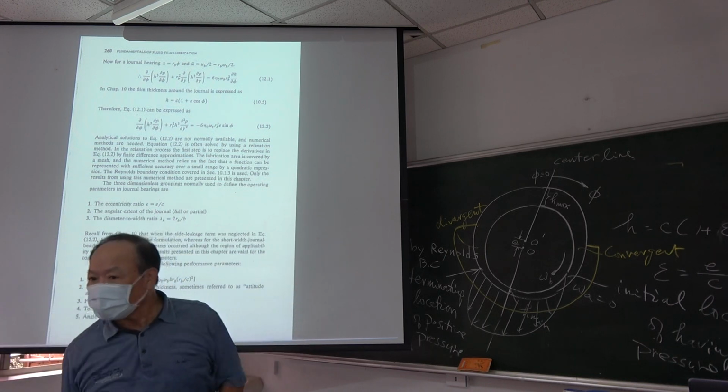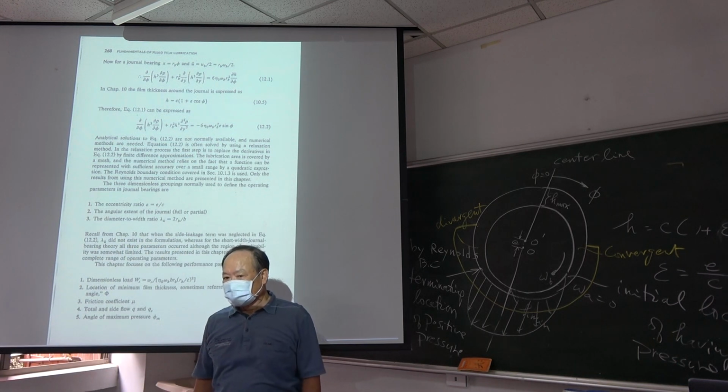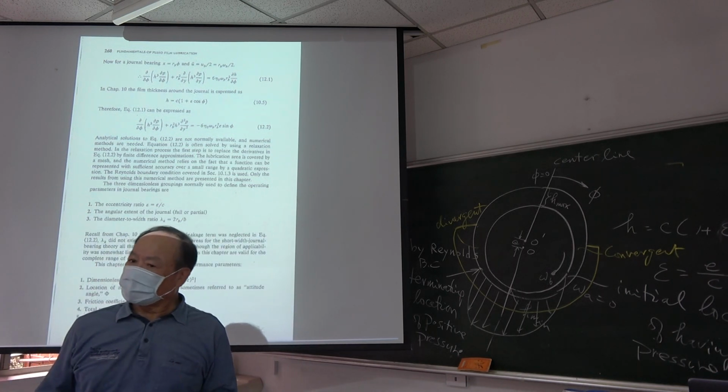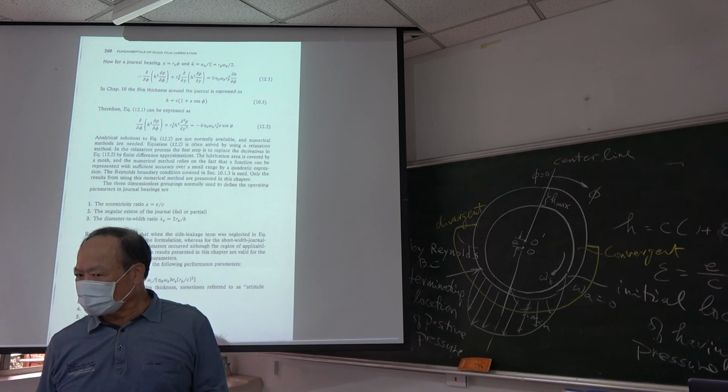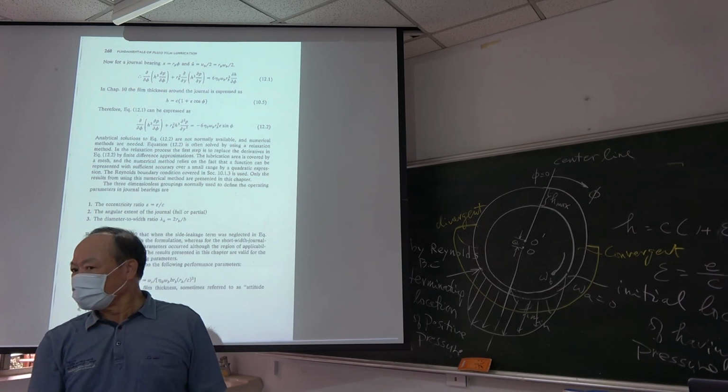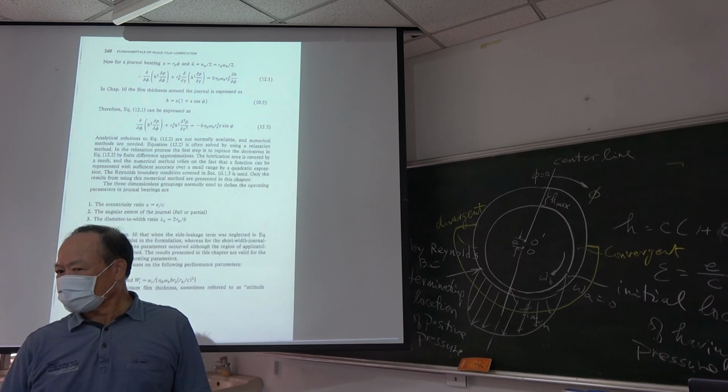You can use it for all journal bearings. Either the lubricant, the material, or the size of the journal bearing are different, but you can use it because it's general purpose.